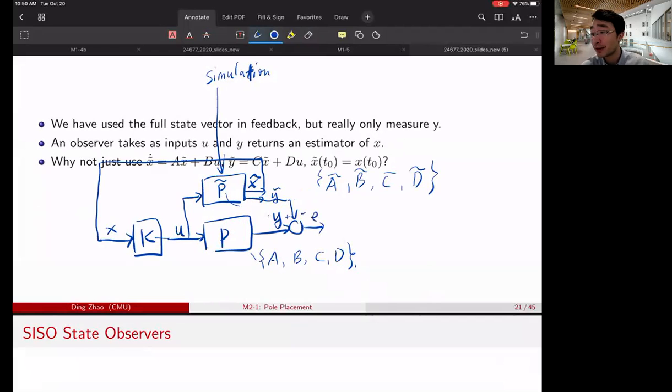Let's call that EY. This error of y, I just input back to the system. So we feed this EY back.